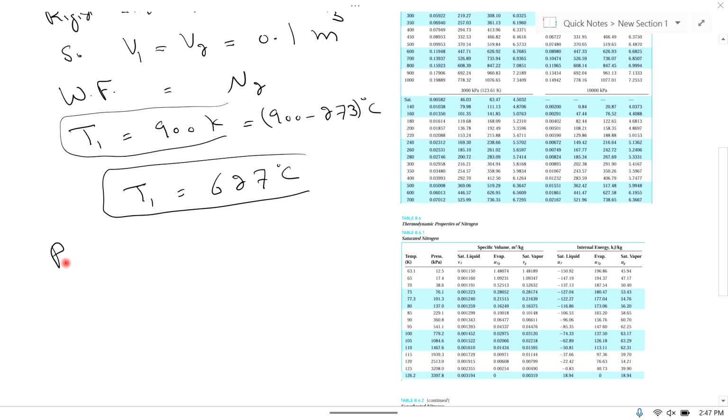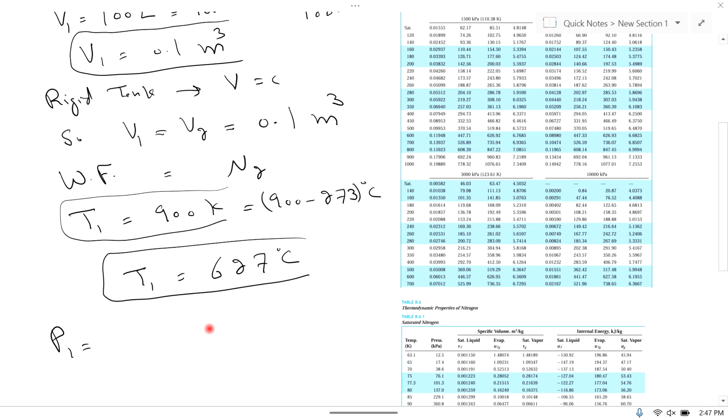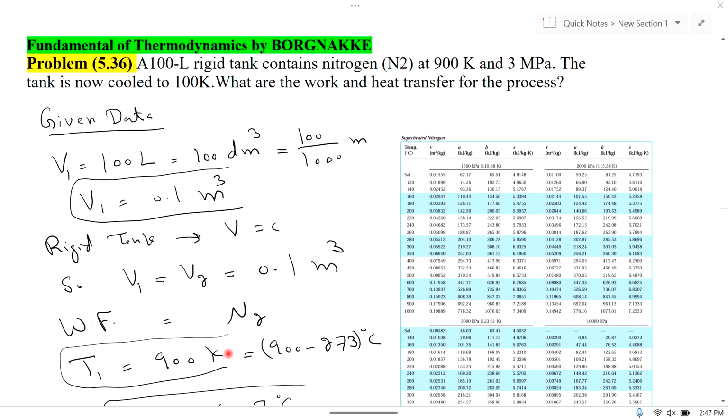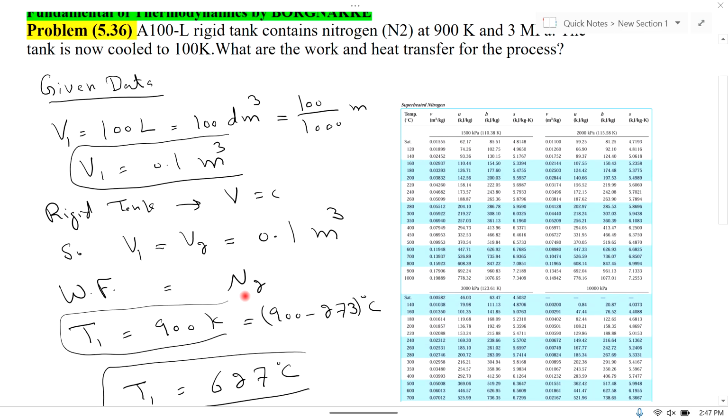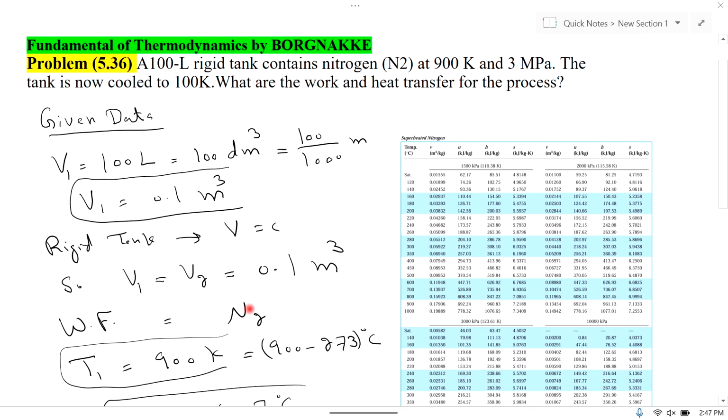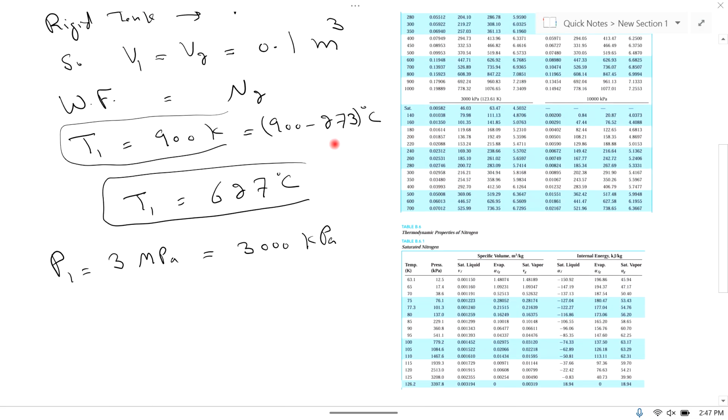And P1 is equal to 3 megapascal. 3 megapascal means 3000 kilopascal, because 1 megapascal is equal to 1000 kilopascal. The tank is now cooled to 100 Kelvin.